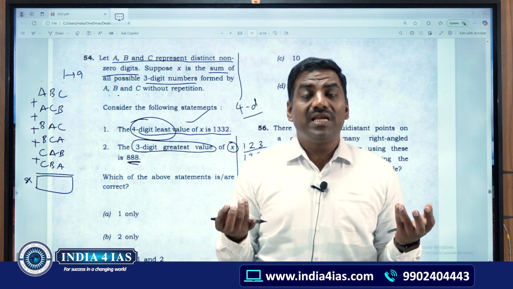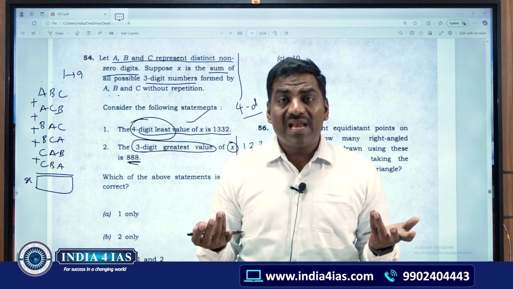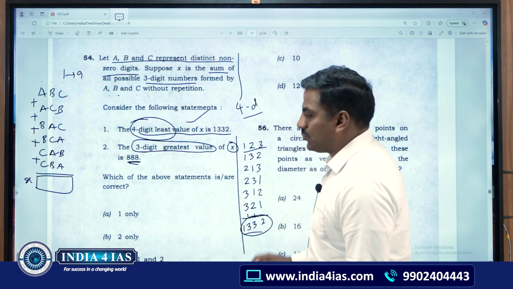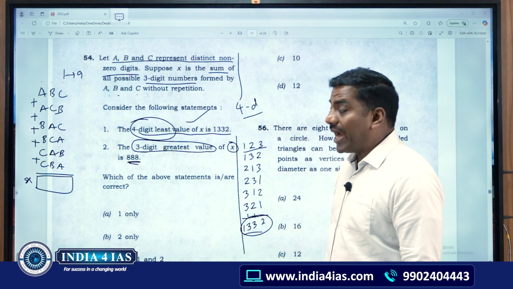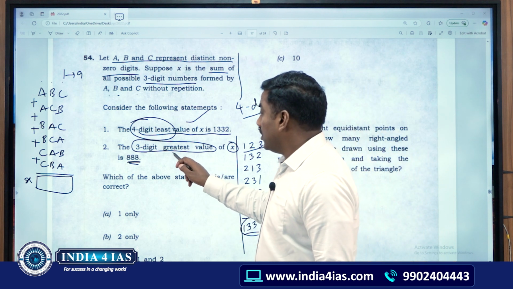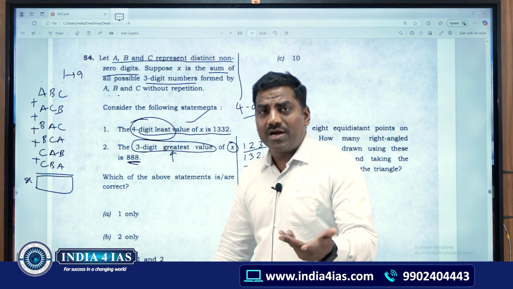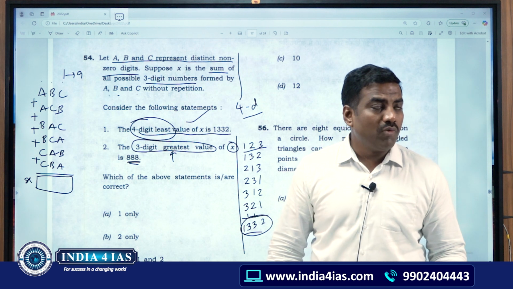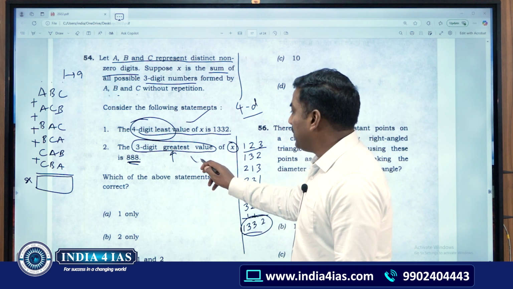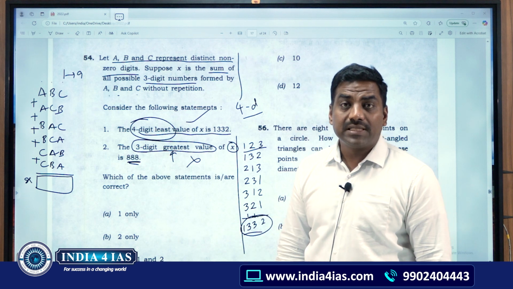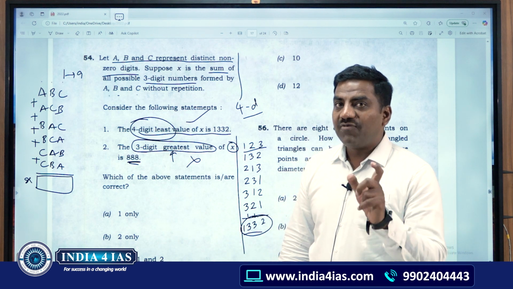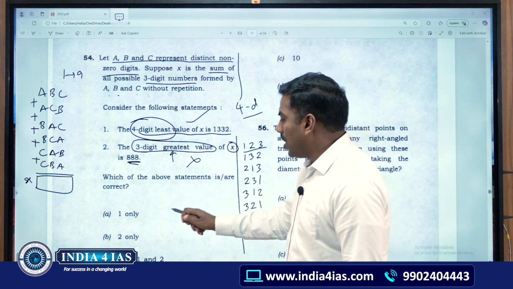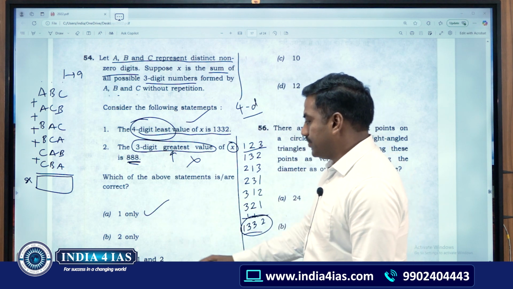So 1, 2, 3 is the least possible. So when the sum 1332 is the least possible, then look at the 3-digit greatest value. I don't have a choice. We cannot go below 1332. So this statement is wrong, because if I use 0, my purpose gets defeated. So 1 only is the answer.